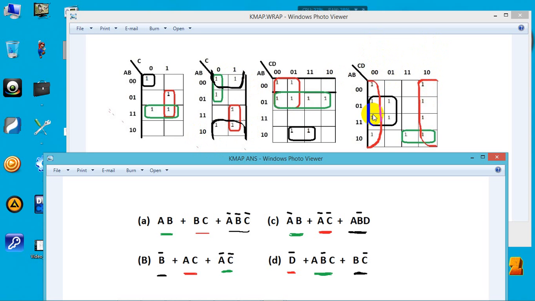Here we are going to take this column and this column into consideration. And here you can see that C was moving from 0 to 1, so we knock it out. Here you can see that D was moving from 0 to 0. It means D was maintained. But here D value over here was 0, so you have to complement the D so that we can get our ones in this. That's the reason why we had our D complement.